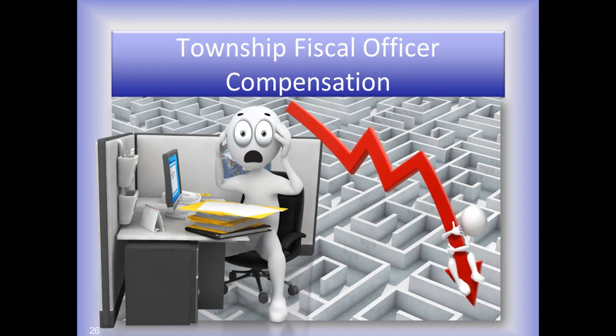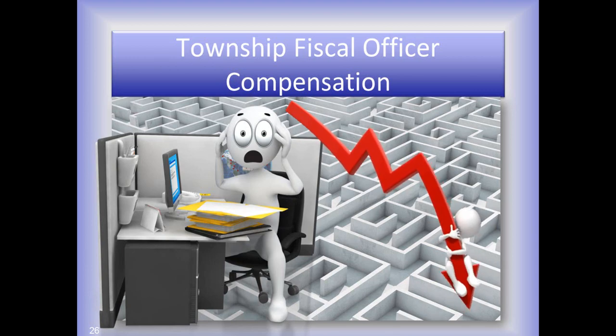A township fiscal officer may be compensated from the township general fund or from other township funds based on the proportion of time spent providing services related to each fund. Time spent working on matters other than the general business of the township must be documented, and only that time may be allocated to funds other than the general fund.